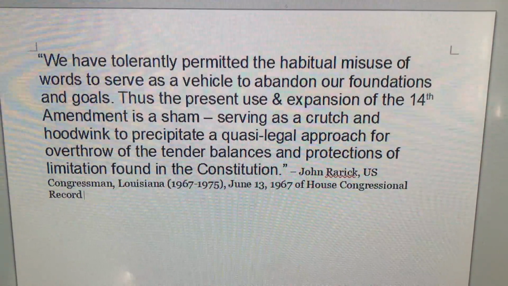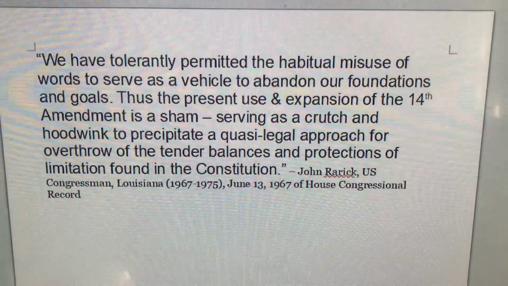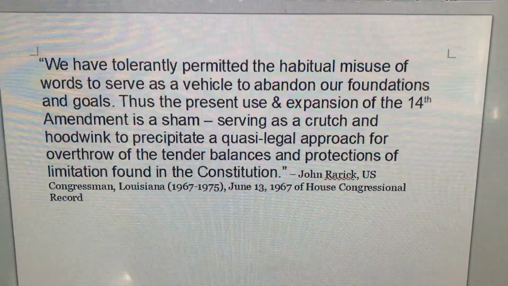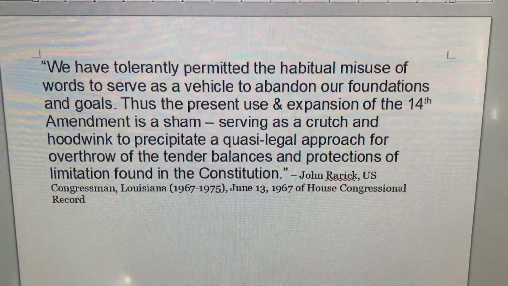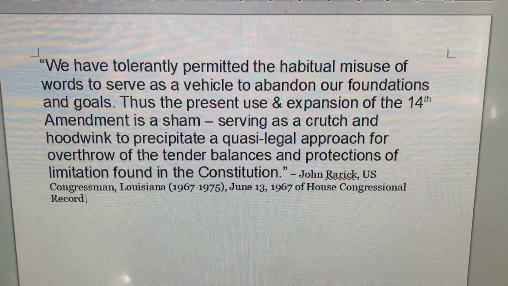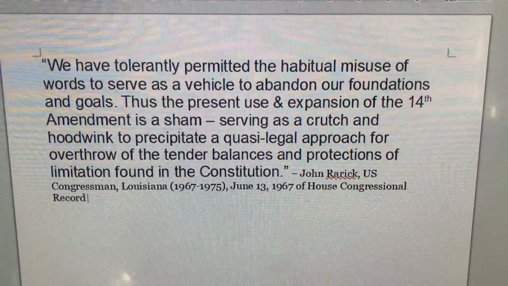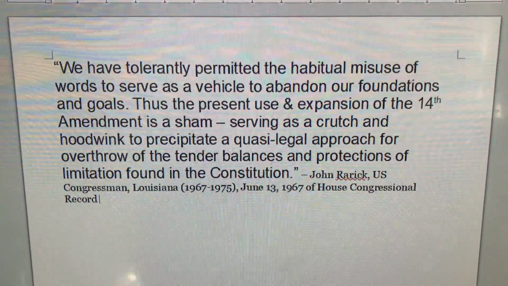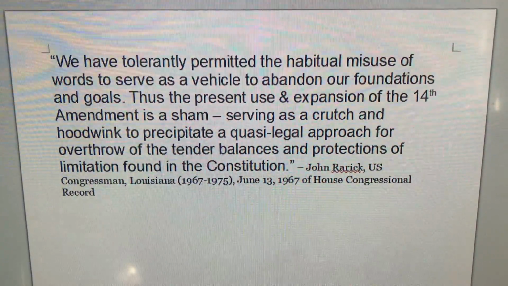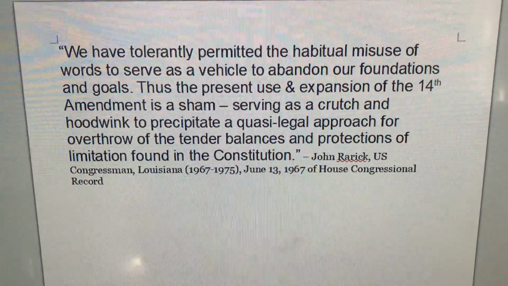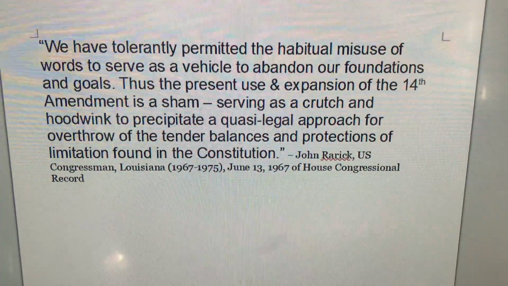But it's been sold to you as being a good thing. Oh, we're going to nationalize citizenship. Okay, but the 14th Amendment is what gives corporations civil rights and protects corporations, artificial U.S. persons, right? And they sold it to you. Well, we got to give the freed slaves a civil status.